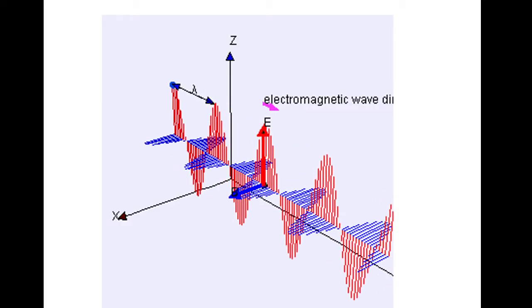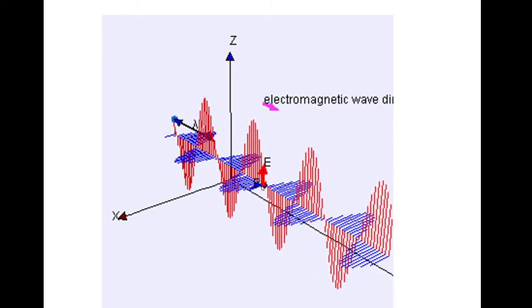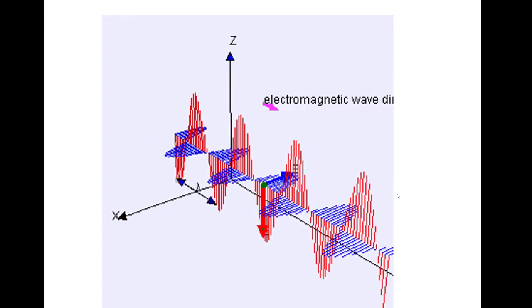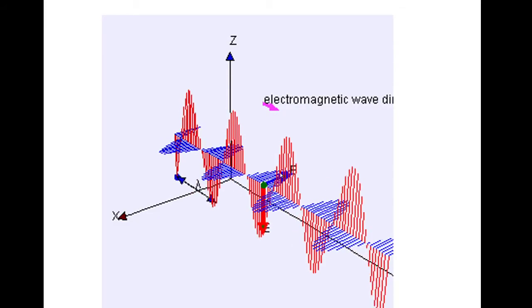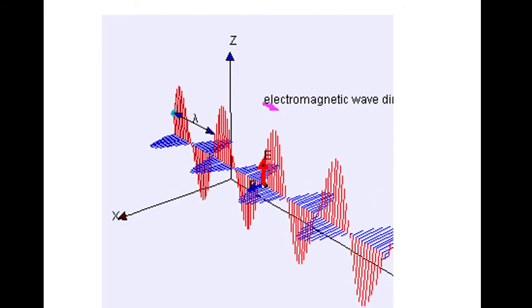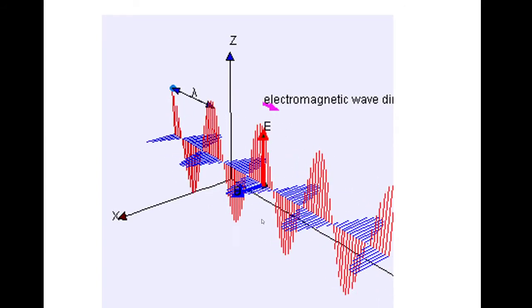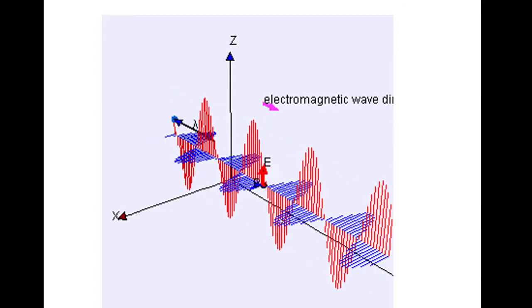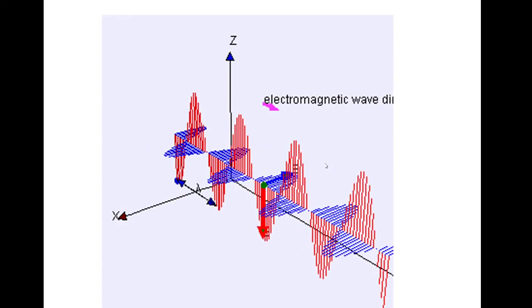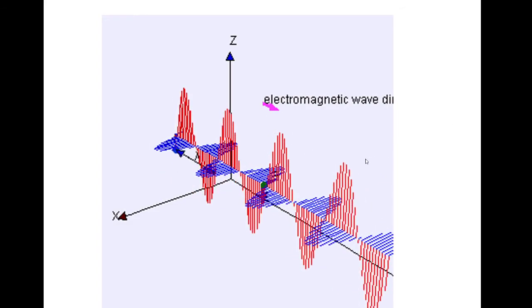So if we follow a particular point here, we'll see that we are moving in this direction, okay? But if we look at the electric field and magnetic field strength at a particular point, as this wave moves, then the electric and magnetic field strength increases and decreases, okay? And it does so in the form of a sine wave, or a sinusoidal function.